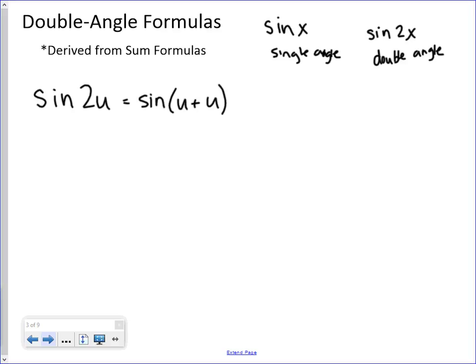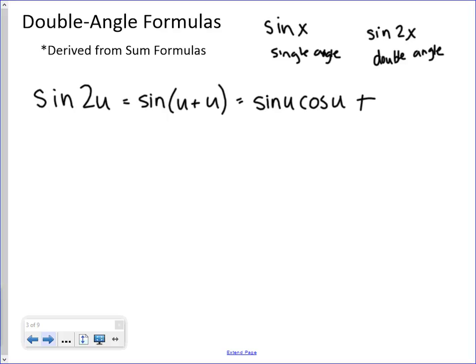If you look back at the foldable with the sum and difference, we could do the sine of u plus u. It tells us, if we're doing the sine of u plus v, to take the sine of u times the cosine of v. In this case, both of them are u's. So we would do sine of u times cosine of u, and then keep the sign plus.